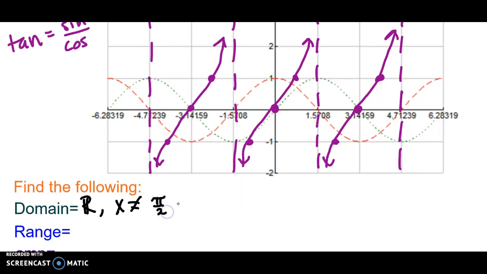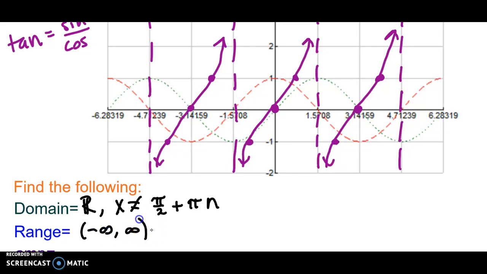It's all real numbers except x cannot equal pi over 2 plus, now these intervals go by pi, so pi n. Okay, so that's the distance between the asymptotes. So, you know, if I had 1 for n, negative 1 for n, it would cover everywhere where I have an asymptote on here.